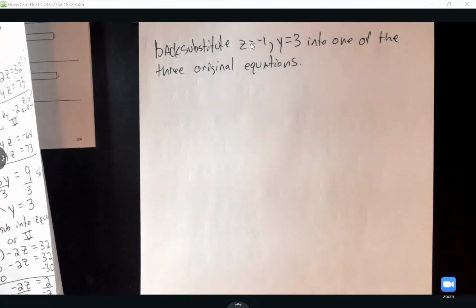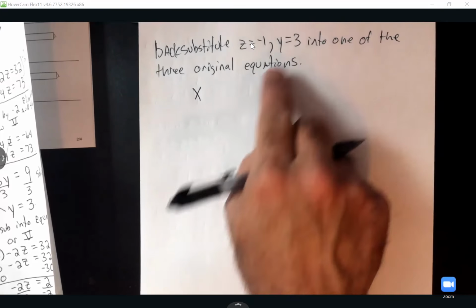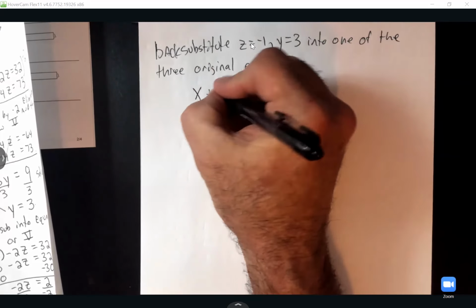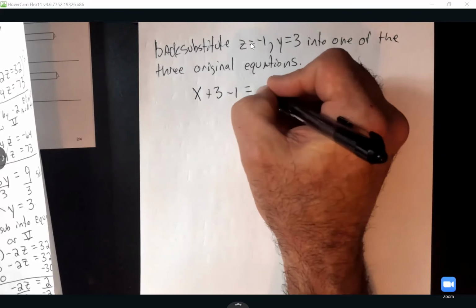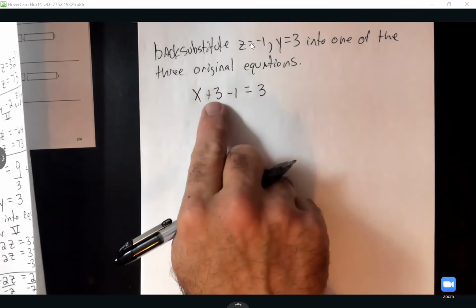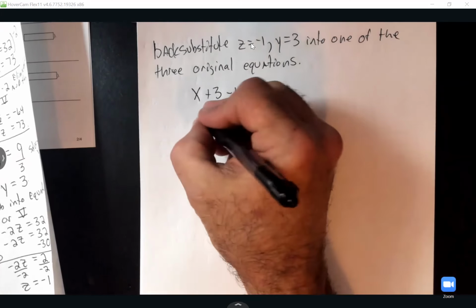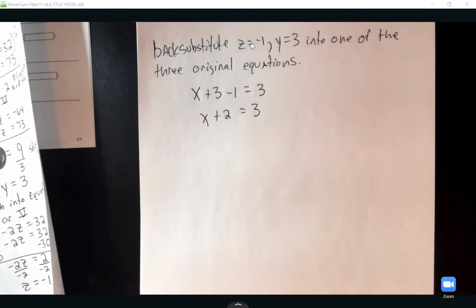So I'm going to use x plus y plus z equals 3. So I don't know x. I know y is 3. Z is -1. That's all going to equal 3. So y'all watch this. 3 minus 1, that's going to give you x plus 2 equals 3.